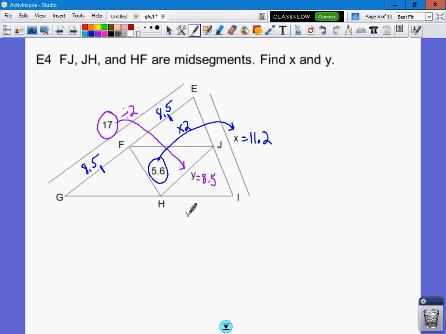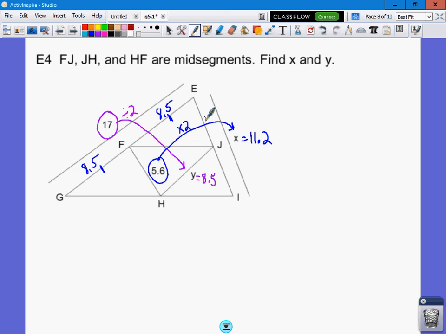So you could also state that HJ is congruent to GF and FE. Absolutely. And it would always be. So doesn't that mean you can find the other two pieces of HJ too? I can. What would they be? 11.2?